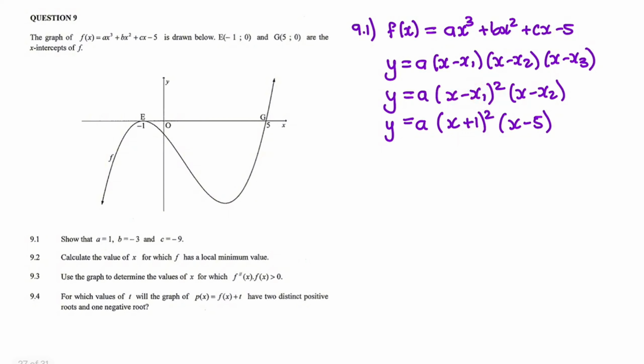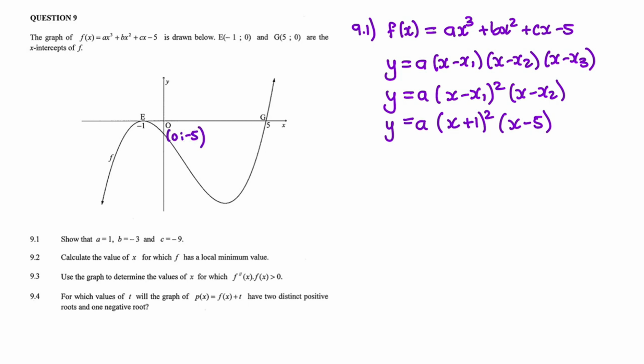Now before I multiply out, I can find the y-intercept. From our equation, if we make x equal to 0, the y-intercept would be equal to negative 5. So when x is 0, y is negative 5.